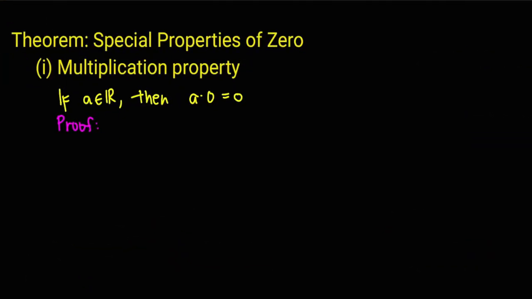Okay, here are some special properties of the number 0. Multiplication property of 0: if a is a real number, then a times 0 is equal to 0. Basically, what this tells us is that any number, if you multiply to 0, the result is 0. Now, how do you prove that a times 0 is indeed equal to 0?